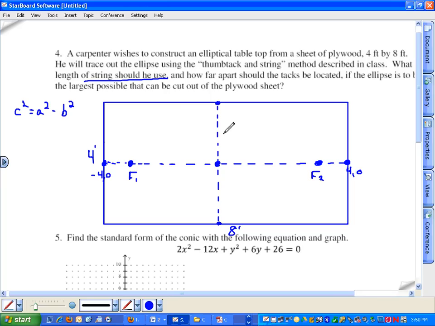Up here is a total length of 4, so it's (0, 2) and (0, negative 2). So if the vertices are plus or minus 4, that means a squared equals 16. B squared is equal to 4, so c squared is equal to 12, which means that c is equal to plus or minus square root of 12. So from here to there, from the center to the focus, is the square root of 12. Same thing here, from here to there is the square root of 12.